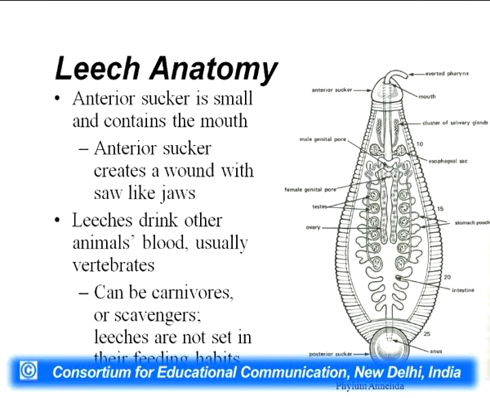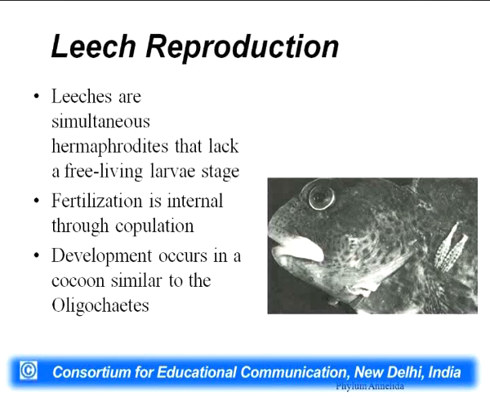At the time of feeding, these leeches secrete saliva which has an anticoagulant. Because of the anticoagulant, the blood does not coagulate and there is a continuous flow of blood to the alimentary canal of the leeches.